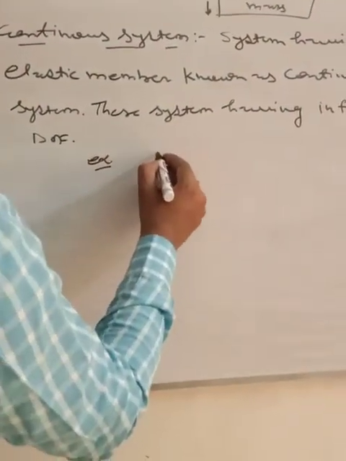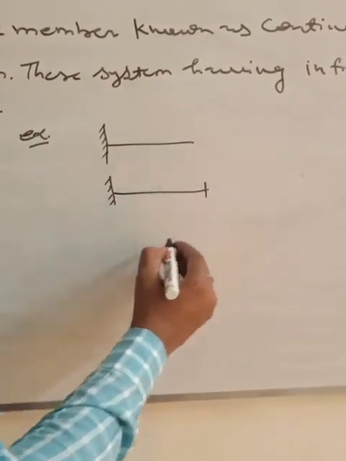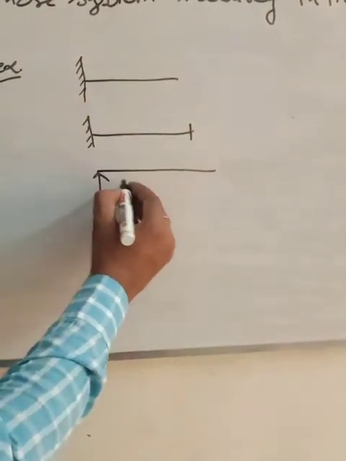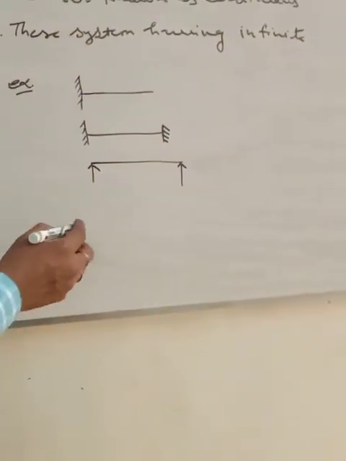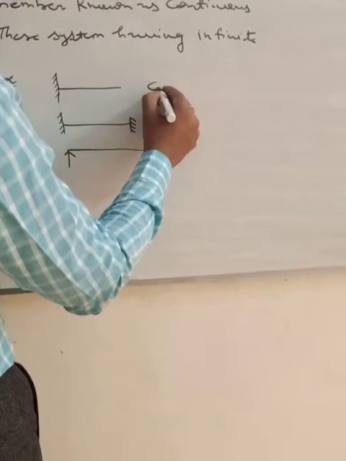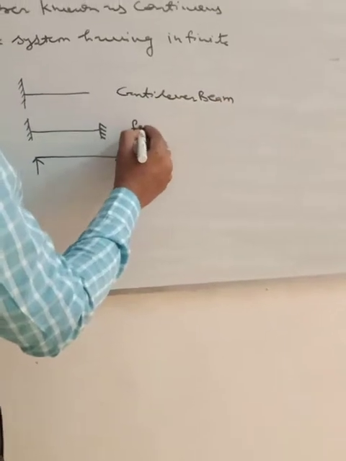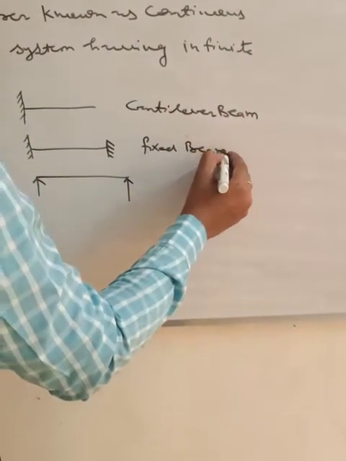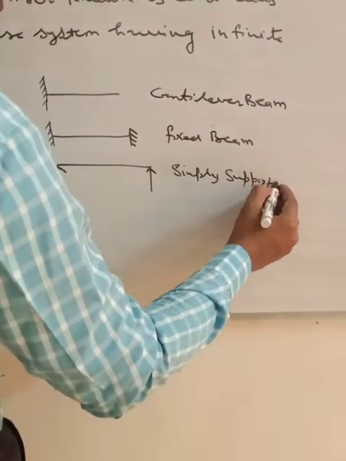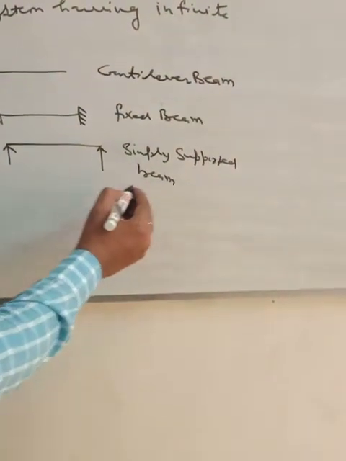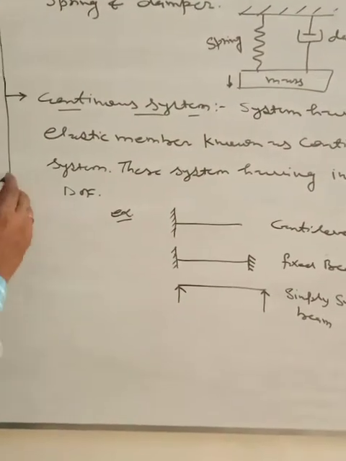Examples of this system: a cantilever beam, a fixed beam and a simply supported beam. The continuous systems are also known as distributed systems.